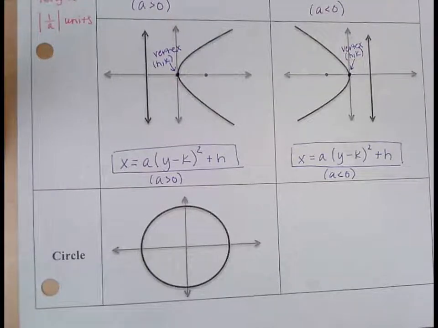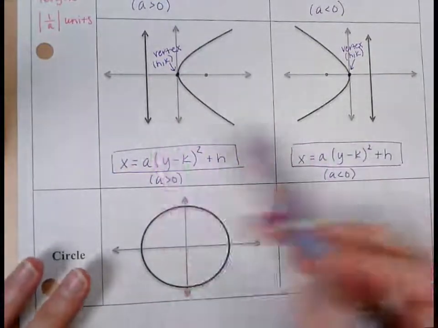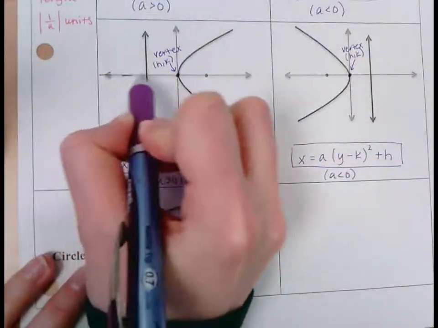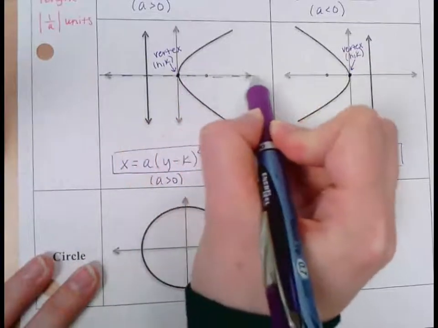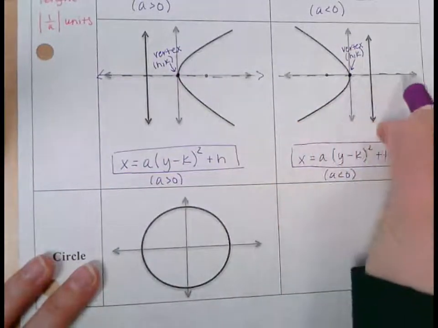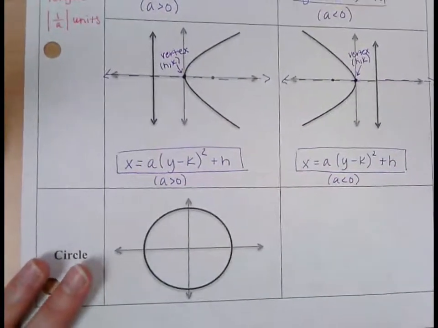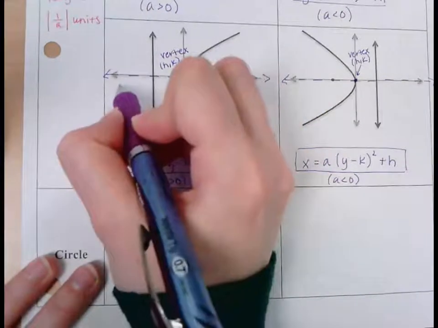The axis of symmetry for these is now going to be a horizontal line. So on these particular graphs, the axis of symmetry is actually the x-axis. But now since the parabolas are opening horizontally, the axis of symmetry is also a horizontal line. So I'll just label that here.